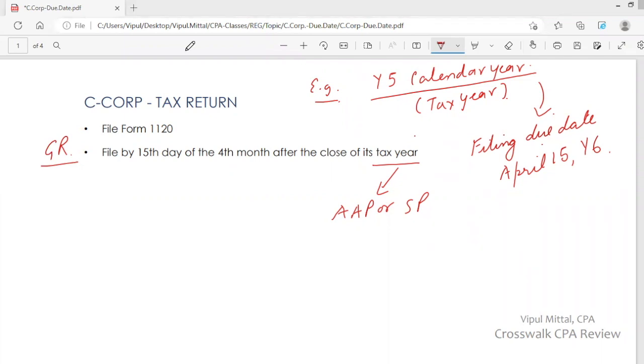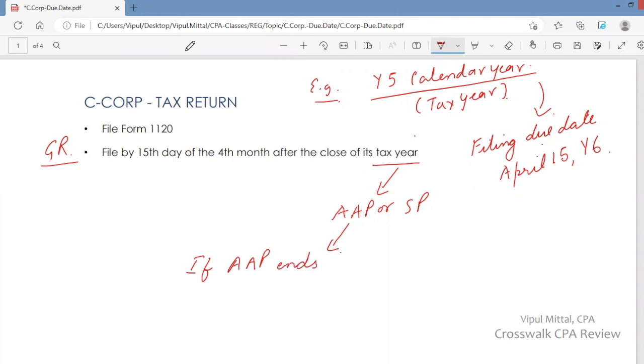If the annual accounting period ends on June 30th, I'm talking about a full 12-month tax year, then the filing due date is the 15th day of the third month after the close of its tax year.